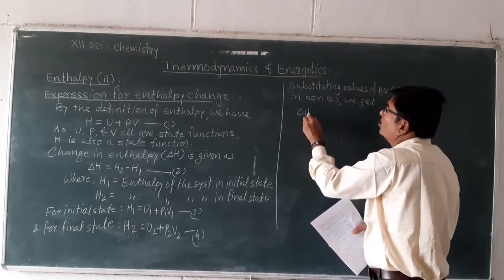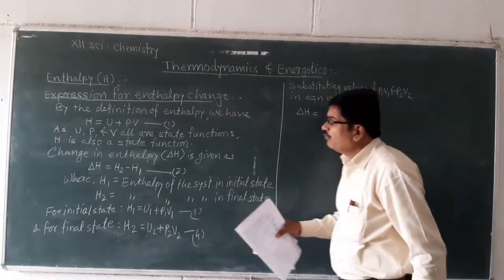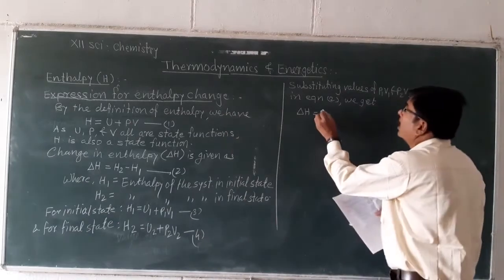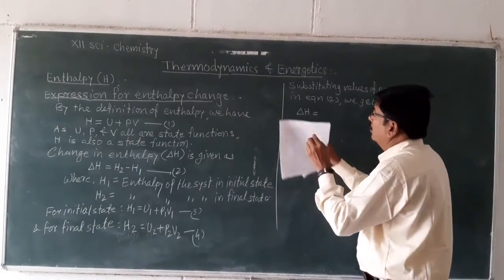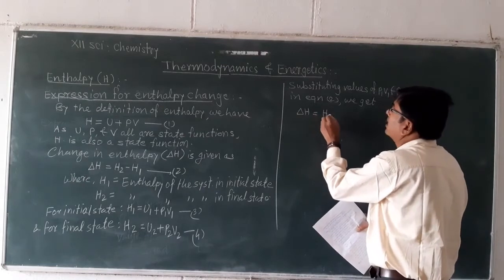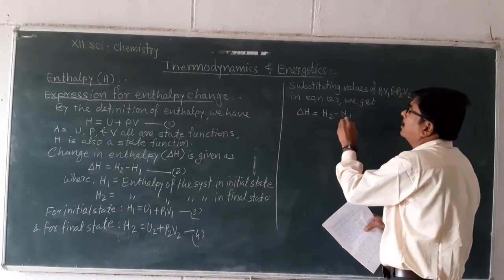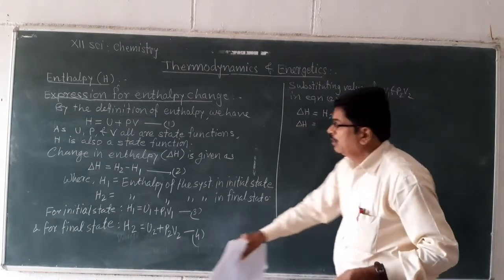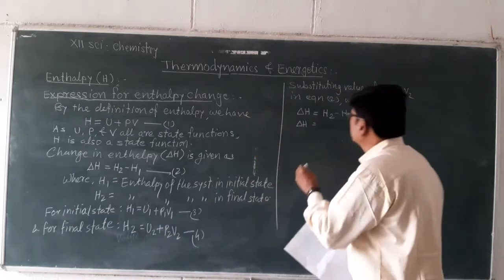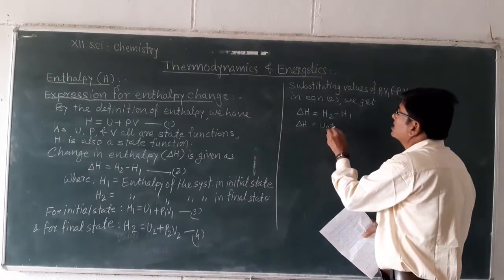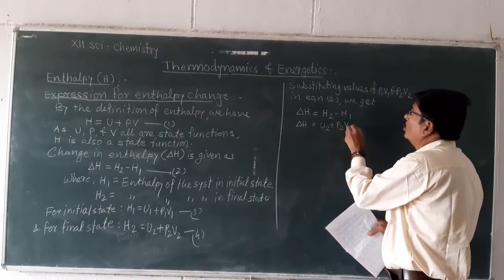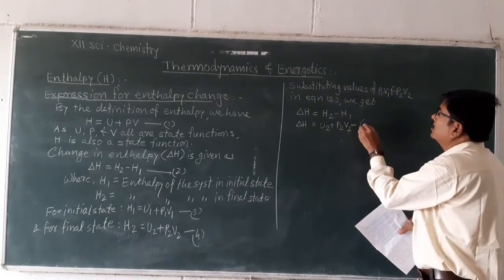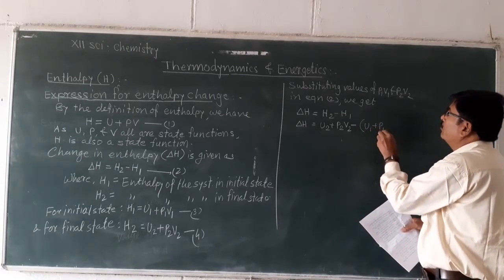delta H is equal to H2 minus H1. Now you have to substitute the value of H2 from equation 4 as U2 plus P2V2 minus, in bracket, the value of H1 as U1 plus P1V1.